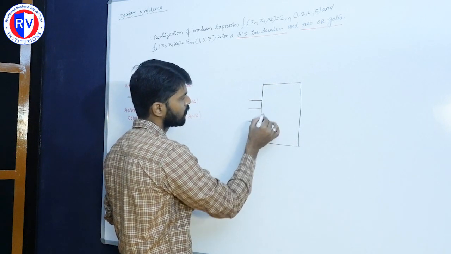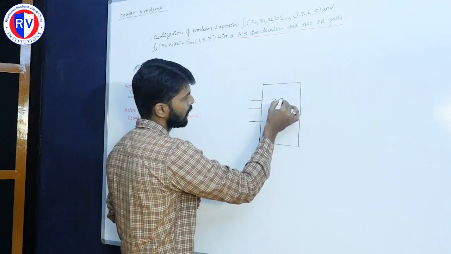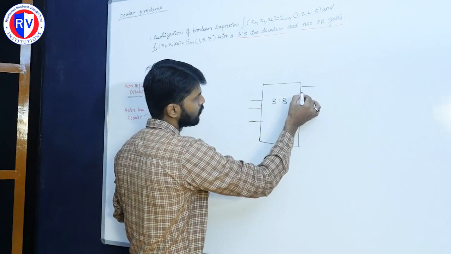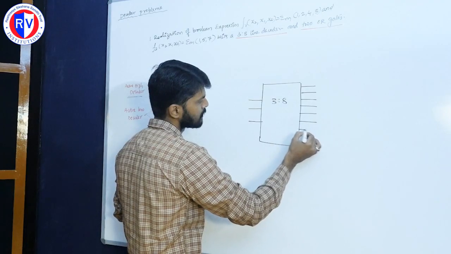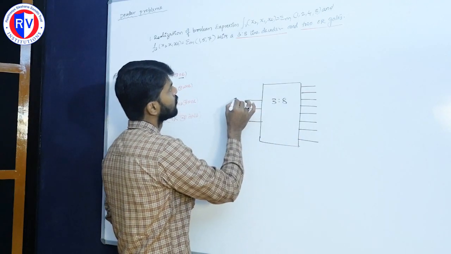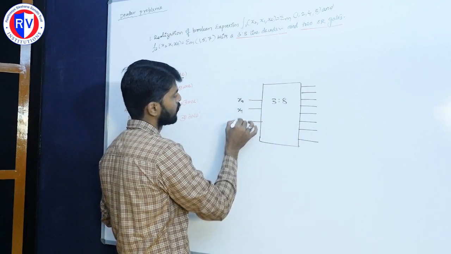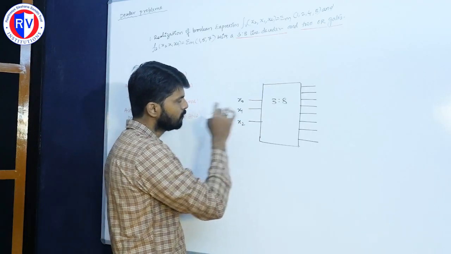There are 3 inputs, that is the 3:8, with 8 outputs: x0, x1 and x2 are the inputs.